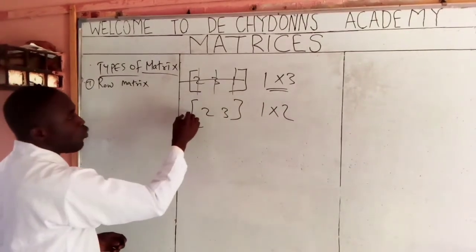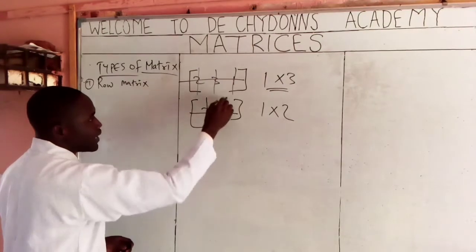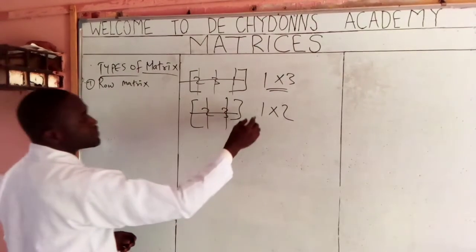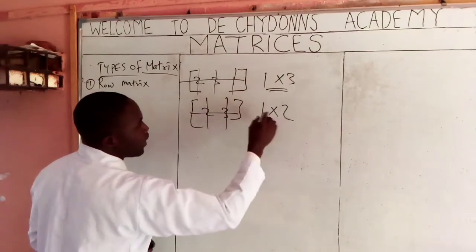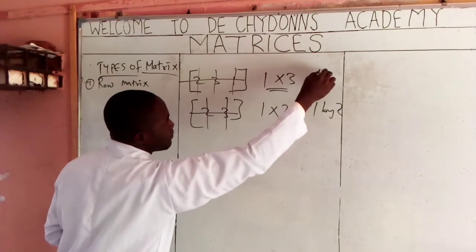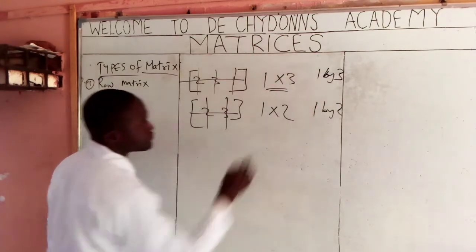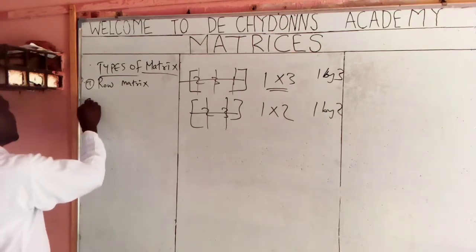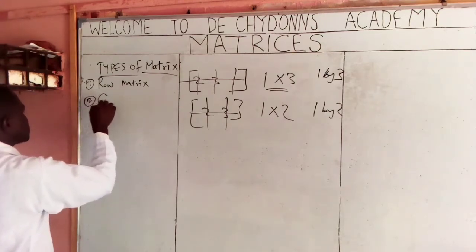That is 1 row against 2 columns. So either you write it as 1 by 2 or 1 times 2. This is 1 by 3.